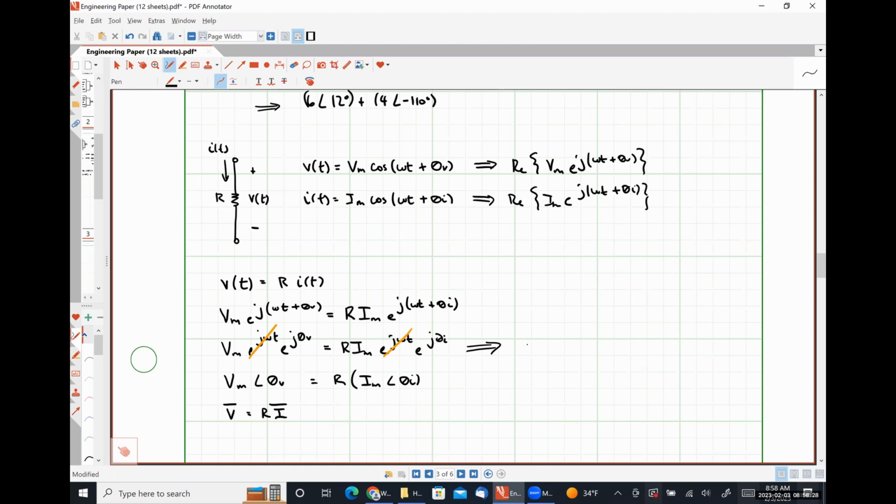So by that, I mean that Vm will be equal to just R times Im, and theta V must be equal to theta I.